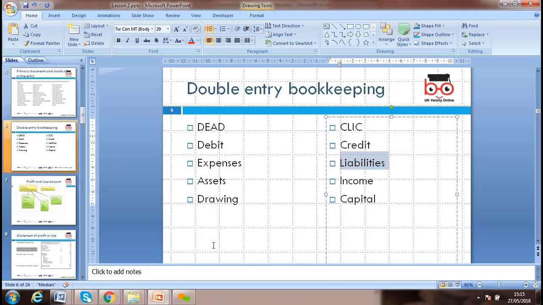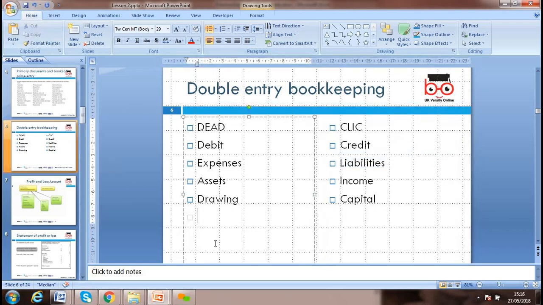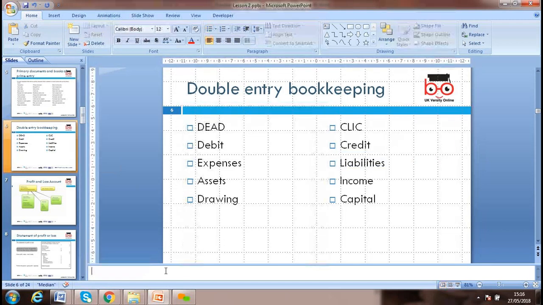Like we are buying a car for, suppose, 5,000 pounds. So we do debit.